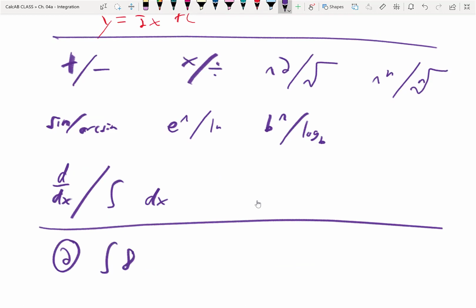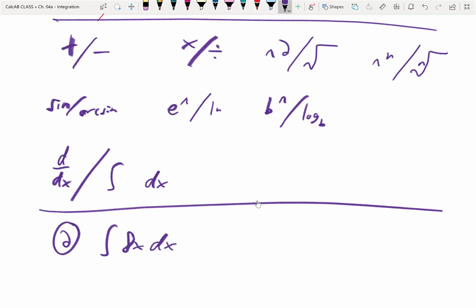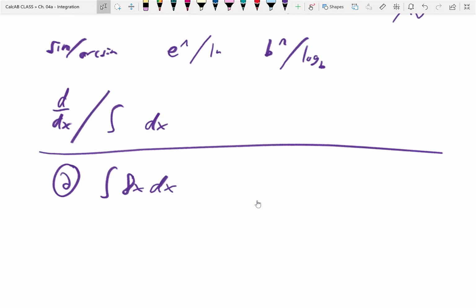The integral of 8x dx. And I'm going to use each of these to specify a rule that will make life easier. This rule is the constant multiplier rule.